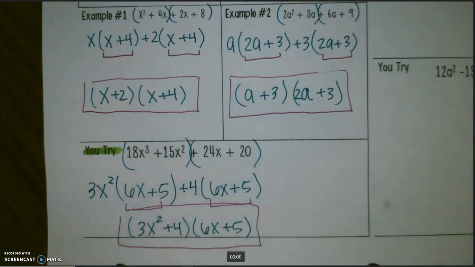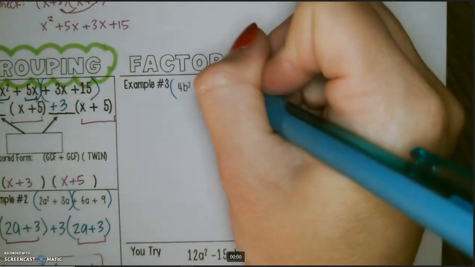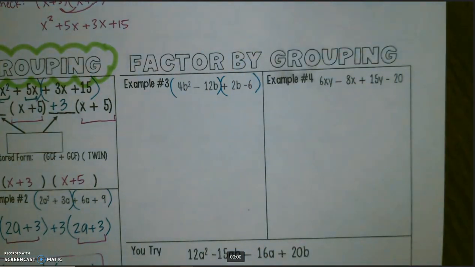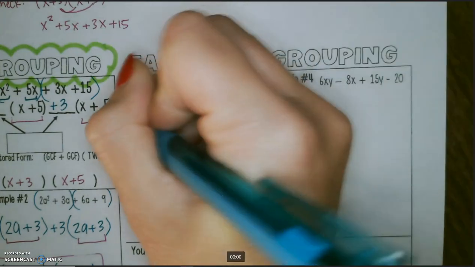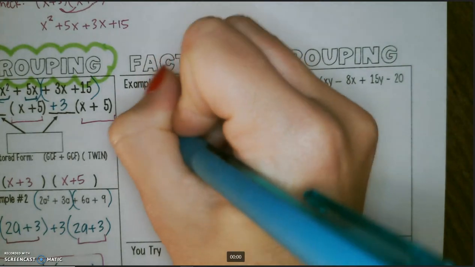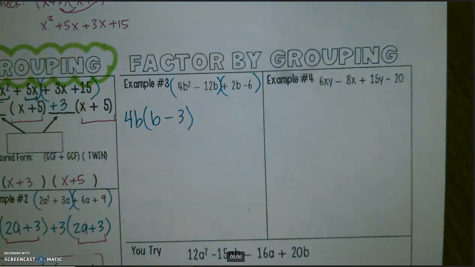Okay, we have 2 more examples and then 1 more for you to try before attempting your homework assignment for the day. Let's go ahead and group the first set of terms and the last set of terms. It looks like we could take out a greatest common factor of 4b. If I divide out a 4b, that'll leave me with a single b right here and a negative 3 in this grouping.